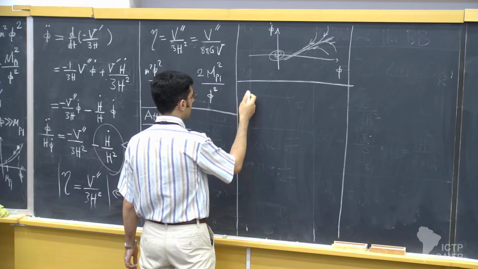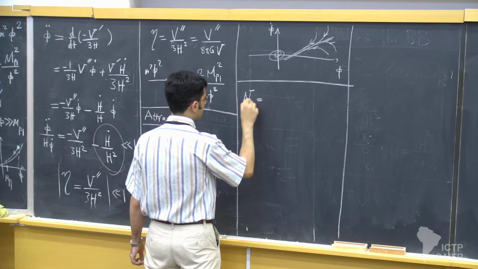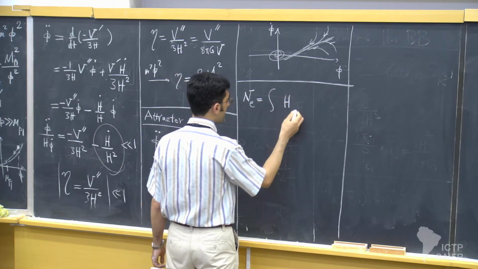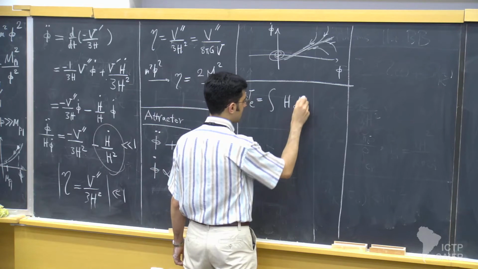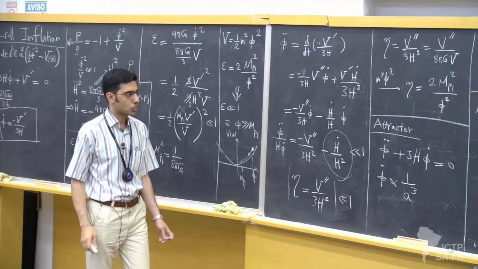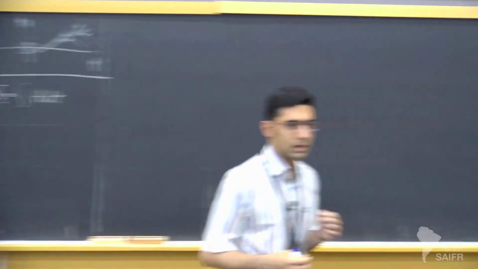We remember that the number of e-folds of inflation is the integral of H times dt. This tells me how much the universe is expanding.